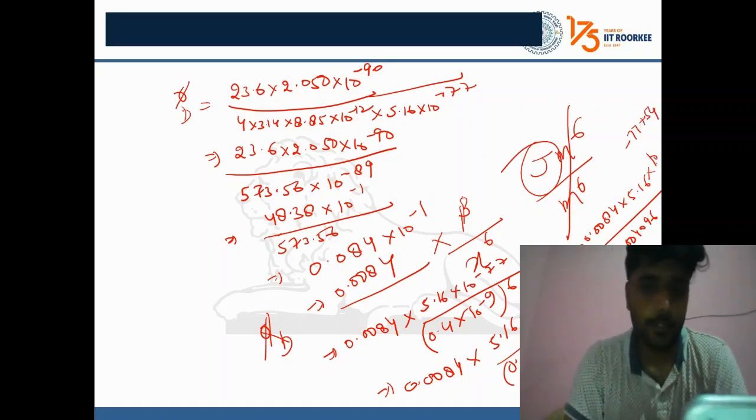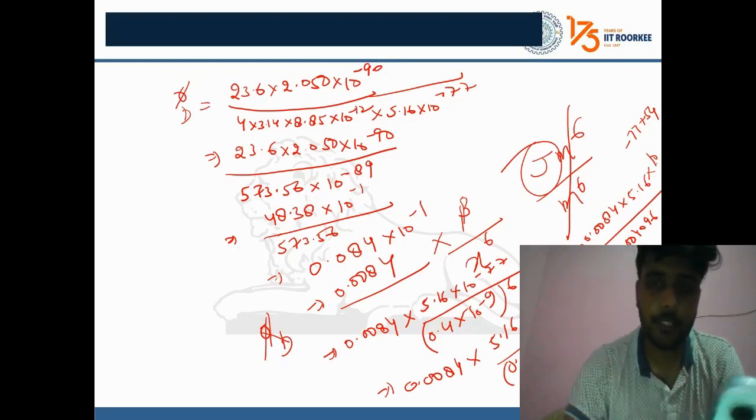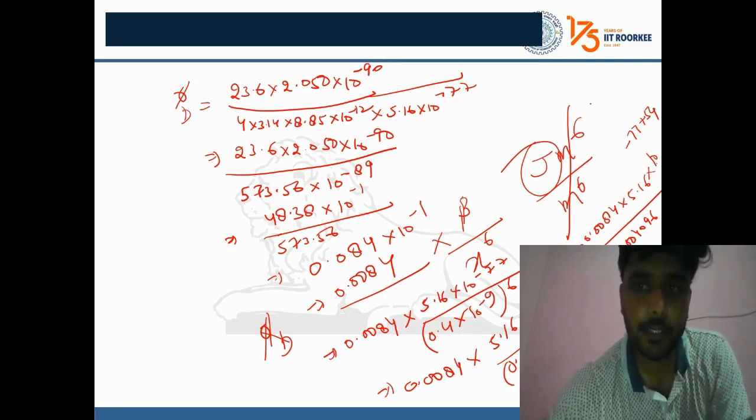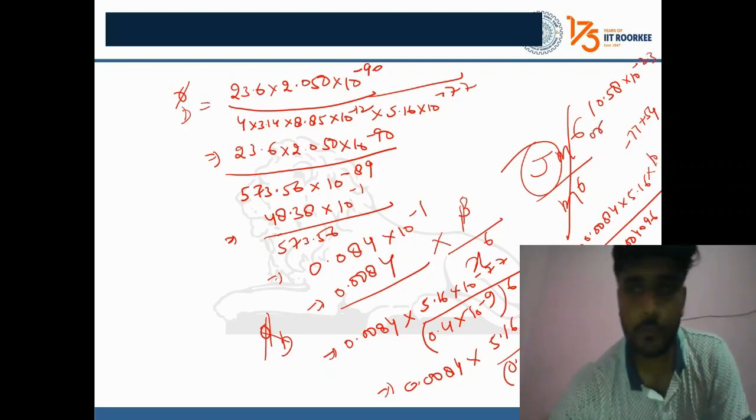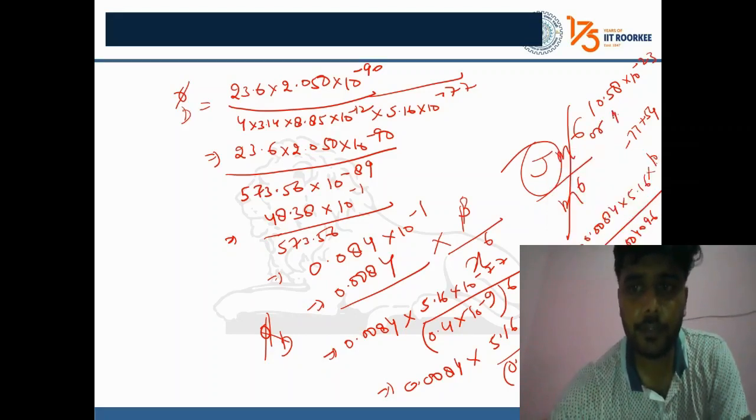Okay, so 0.0084 multiplied by 5.16 divided by 0.004096, that is I'm getting 10.58 10 raised to minus 23. Okay, or sorry, 1.058 10 raised to minus 22.